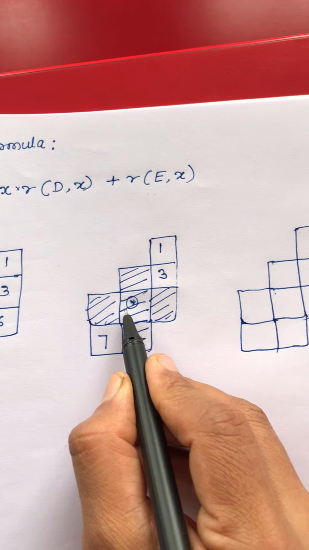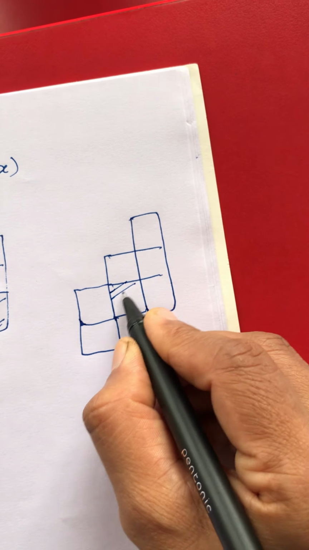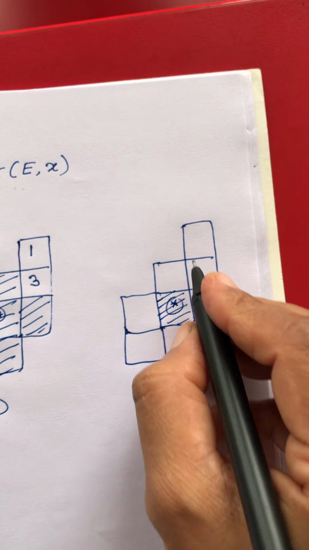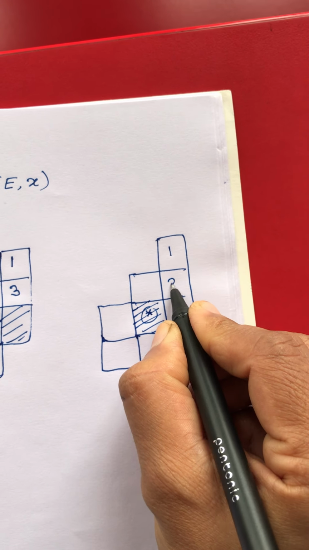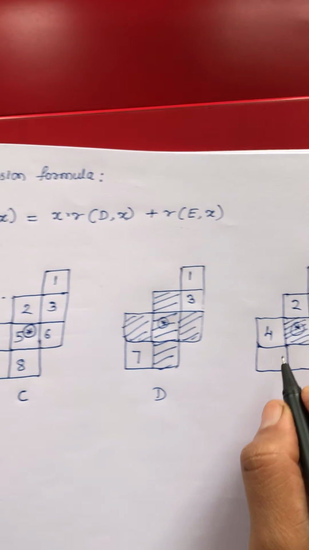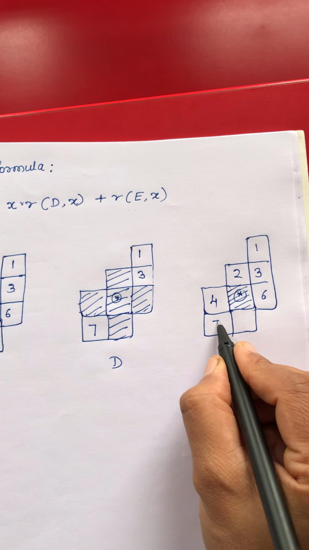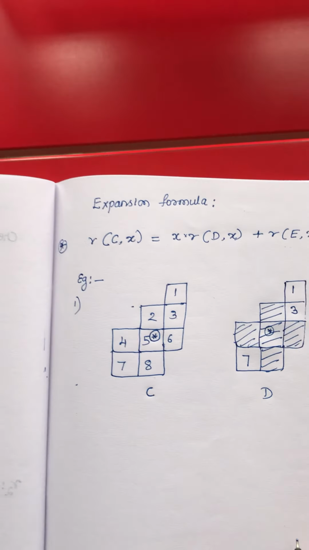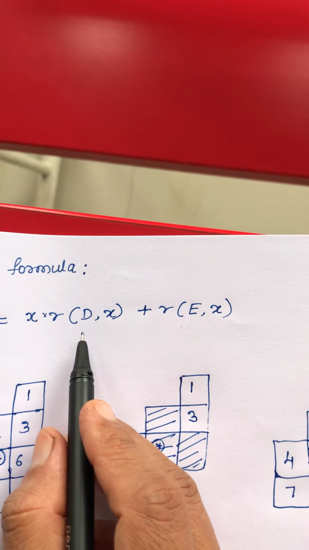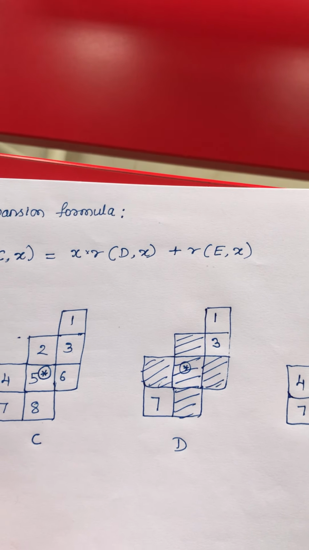You can see this is marked as star. This was our star, that will not exist anymore. For the remaining, I will give the same numbering 1, 2, 3, 4, 6 and then 7, 8. The numbering is the same. Now we need the root polynomial of the board D and also for E.